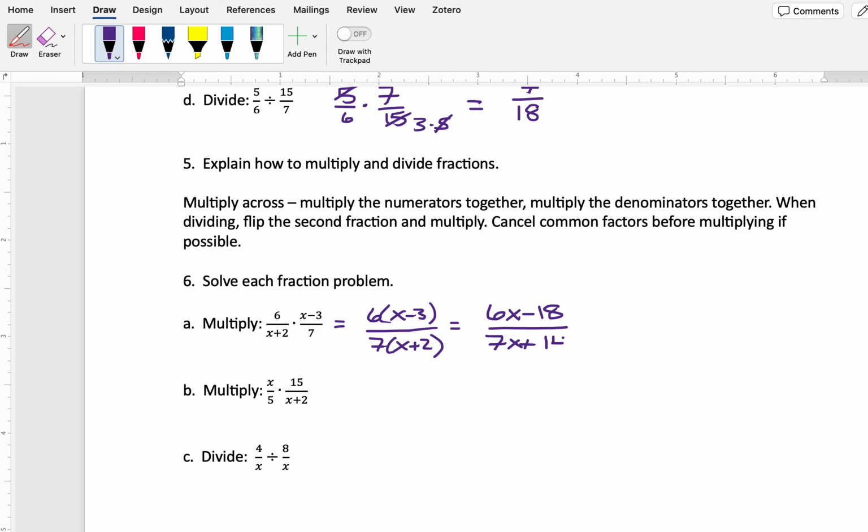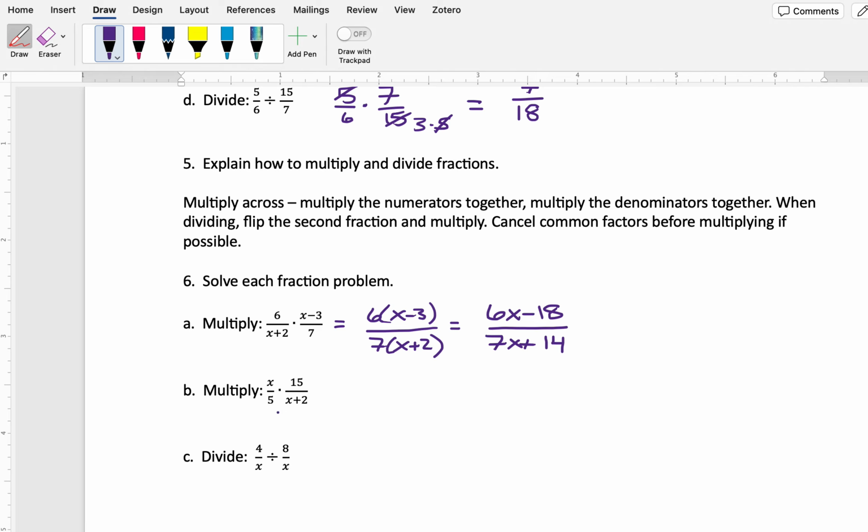Now again, you don't want to be tempted to simplify pieces that are not factors here. So this 18 and this 14, even though they both can be divided by 2, I can't take a factor of 2 out of each of these because the 2 doesn't come out of this 6x and 7x part. I can only cancel common factors. I can't cancel things that are added or subtracted to other things.